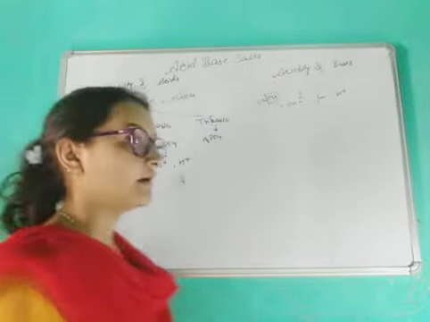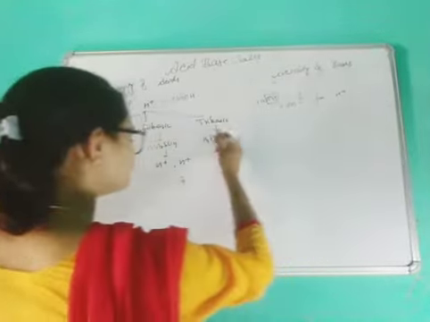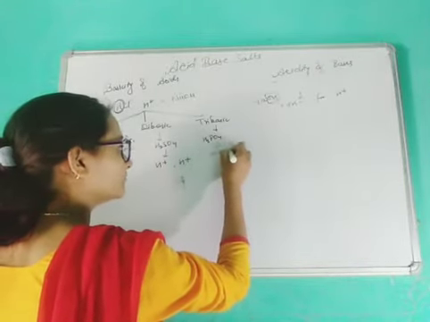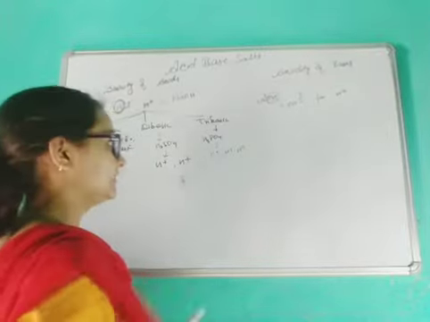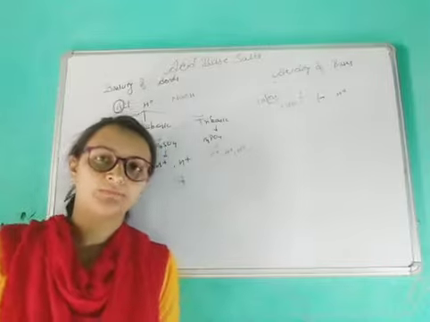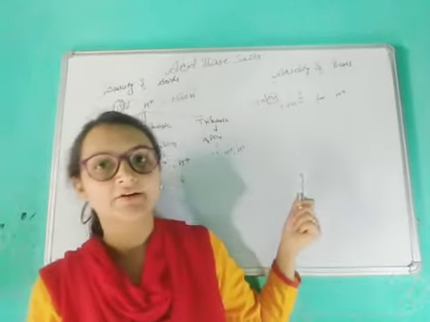Okay, this is phosphoric acid. Now, when it dissociates, it will give 3 hydrogen cations, to react with 3 molecules of H2O, and then it will form 3 molecules of hydronium ion.